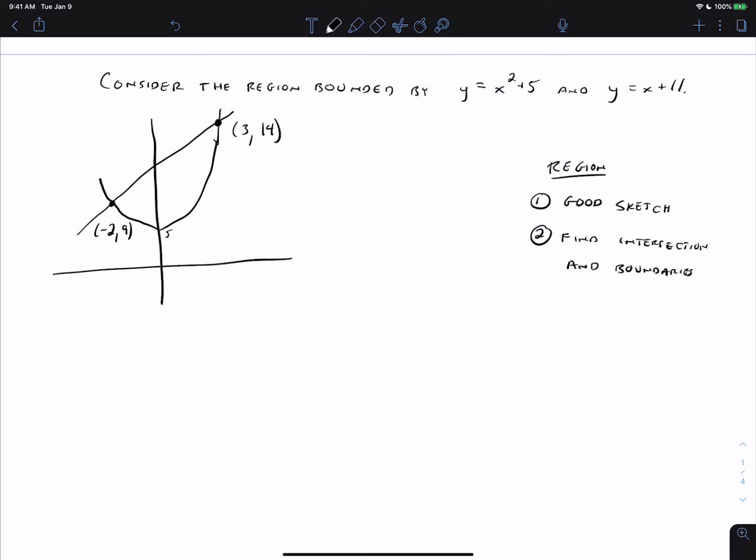Okay, so you want to get a good sketch. You want to find the intersection and the boundary points. And then you want to draw a representative rectangle. When you do that, you want to look at which is preferable: a vertical rectangle with base dx or a horizontal rectangle with base dy.